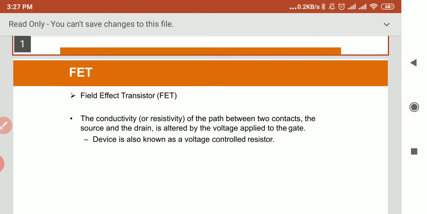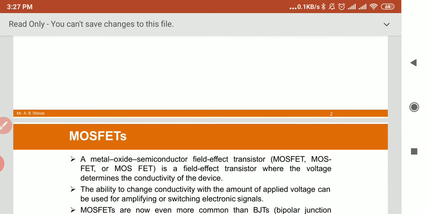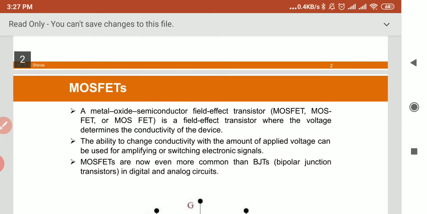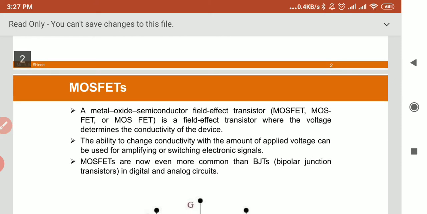There are two types of MOSFET: depletion and enhancement mode. In enhancement mode, the channel is physically absent, and in depletion mode, the channel is physically present and permanent. It means in enhancement mode there is no permanent channel, but we can create a channel. How will we create it?